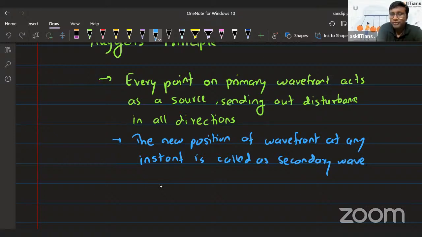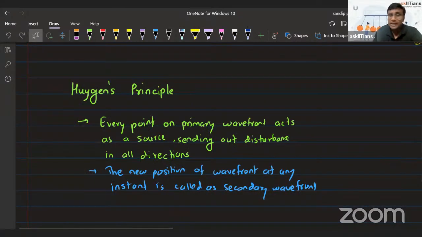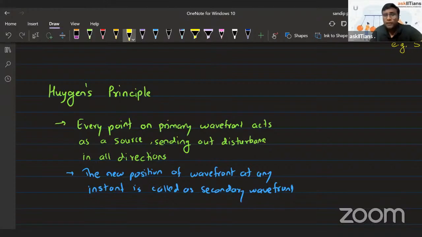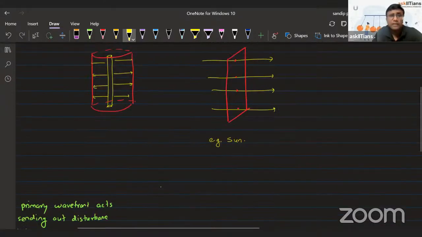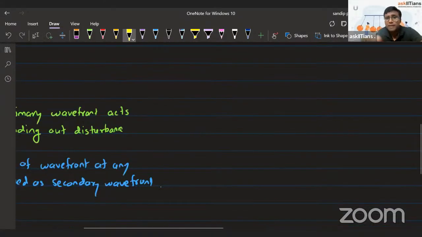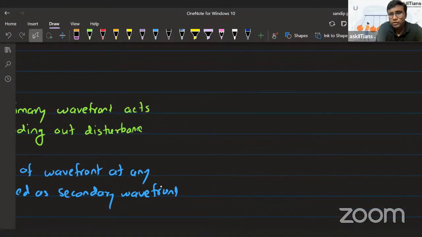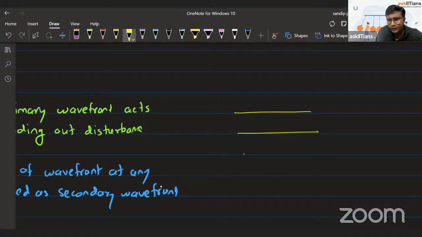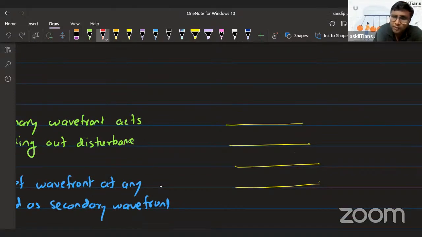Secondary wavefront means, let's try to understand this concept. What we know is, suppose you consider this parallel line, initially the line is parallel, right? So consider this is the line, and every point on this parallel primary wavefront. So consider this is our primary wavefront. I will show you.